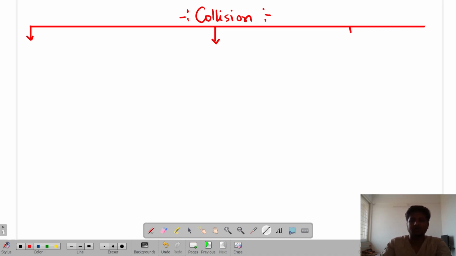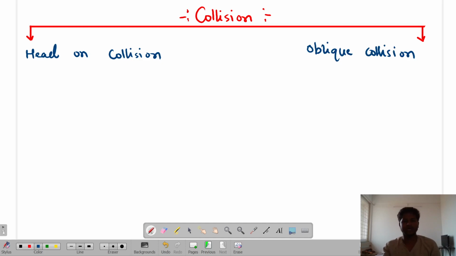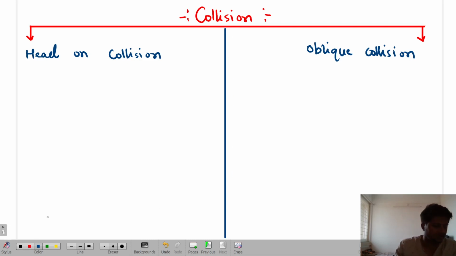First, let us talk about our main two different kinds of collision. The first one we call head-on collision, and the second one is called oblique collision. So we have a total of five different types, but the main ones are these two, head-on collision and oblique collision. Are you able to get me or not?